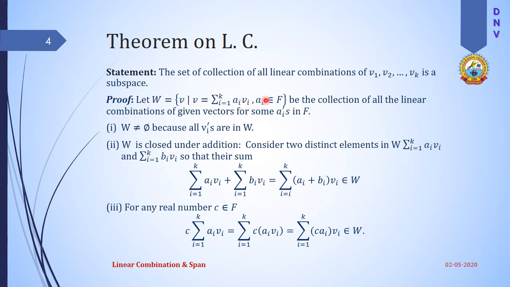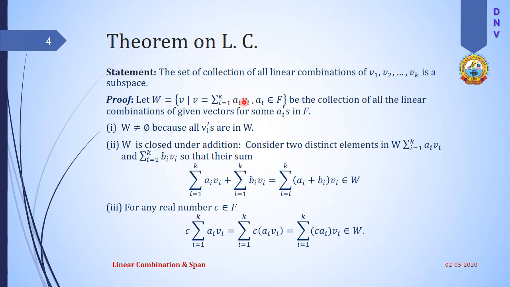What are the ai's? The ai are real numbers. So when we construct a set of this kind, that is the set of all possible linear combinations of these k vectors, then it is not a simple set W, but a vector subspace. When we say that it is a vector subspace, we need to verify it.